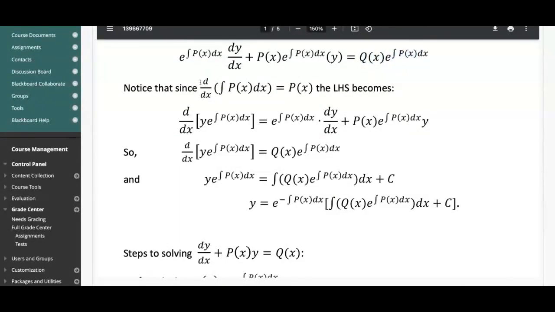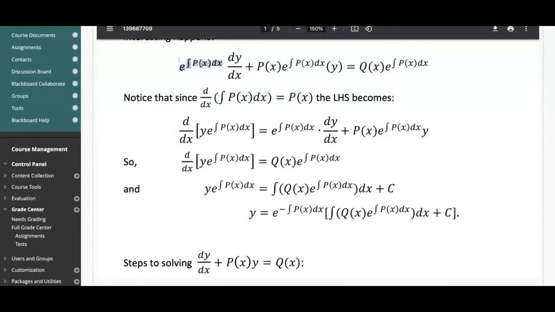Now we know this one equals p of x. So the left-hand side, the two terms, the left-hand side is just this. This is the first term, this is the second term. And if we do this, those two just equal this by this fact, right?